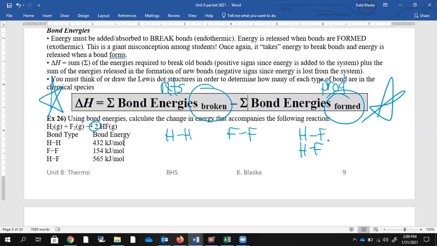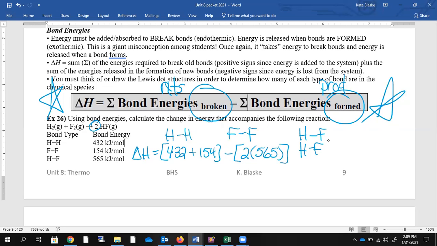Sometimes you might have to draw the Lewis dot structure to figure out how many bonds are being moved around, right? So to find my delta H, I need to figure out what bonds I broke. Well, I broke one hydrogen-hydrogen bond, which has a bond energy of 432. And I broke one fluorine-fluorine bond, which is 154 kilojoules. And I formed two HF single bonds, which is 565 kilojoules per mole.